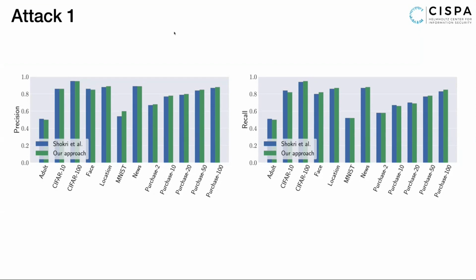You can see that both our attack and Reza Shokri's attack achieve similar results. What this means is the attacker does not need to train multiple attack models as well as multiple shadow models. One shadow model, one attack model, that's enough.